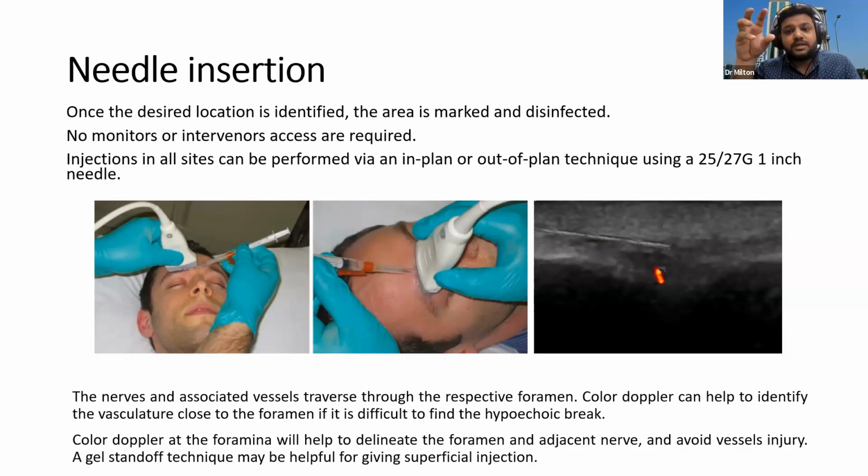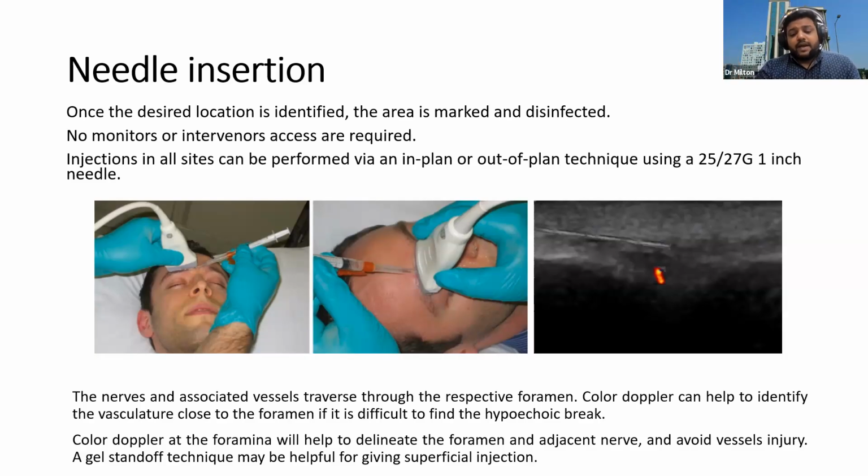If you pierce this artery, many times the distal supply may be hampered. Even though the face is a highly vascular area with a lot of collateral circulation, you should try to avoid injuring the blood vessels.